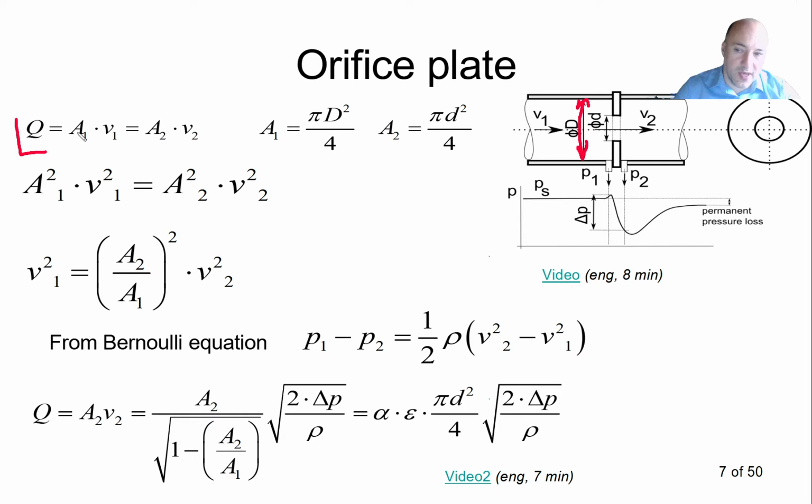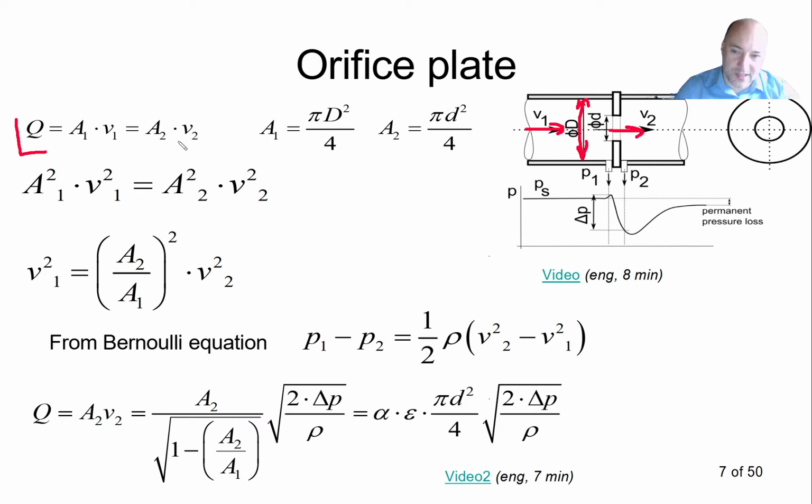It's some area times the velocity. And we know that the mass will not disappear or be created anywhere in this place. So we can say that the flow rate in this larger cross-section has to be the same as the flow rate in this smaller cross-section.